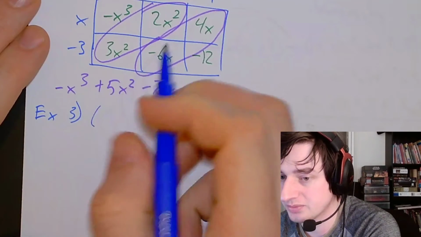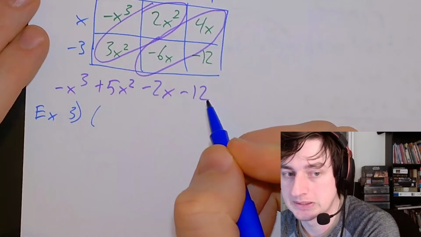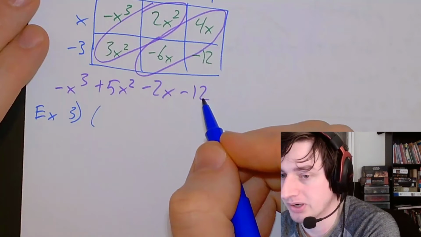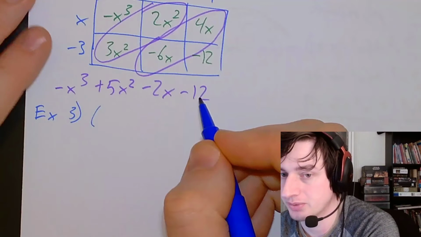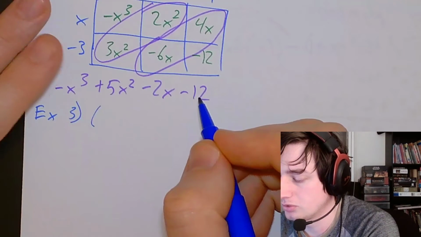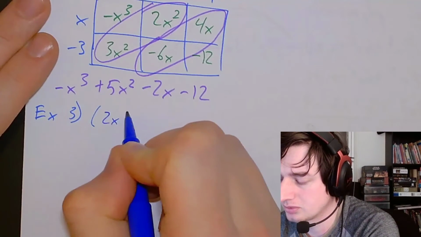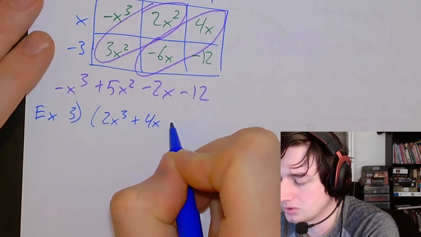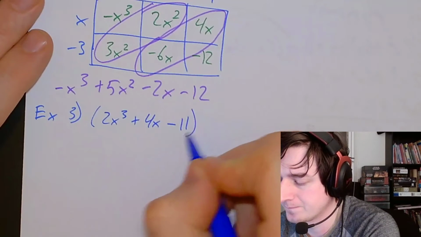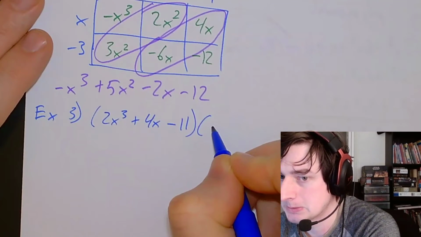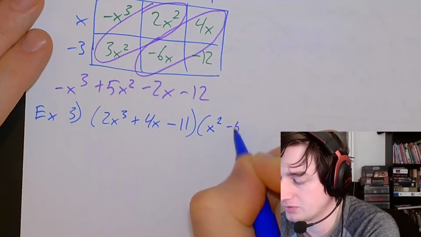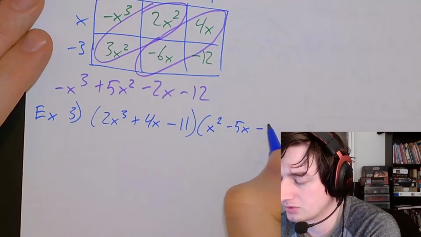All right, we're going to multiply something larger, and then we're going to do 3 binomials. One 3 binomial example. So let's do 2x cubed plus 4x minus 11 times a single x squared minus 5x minus 3.